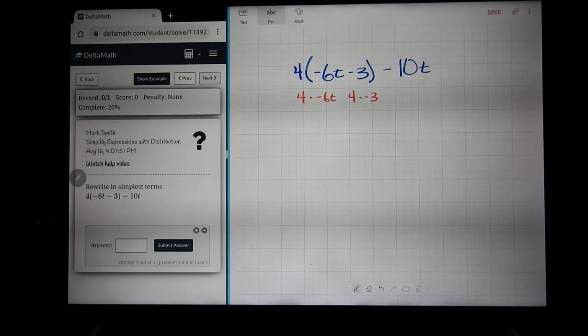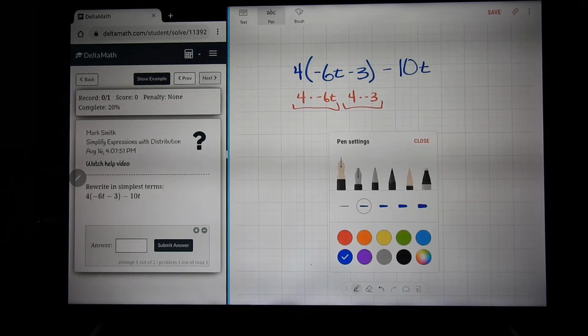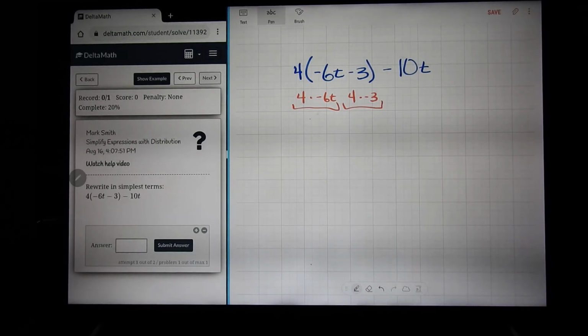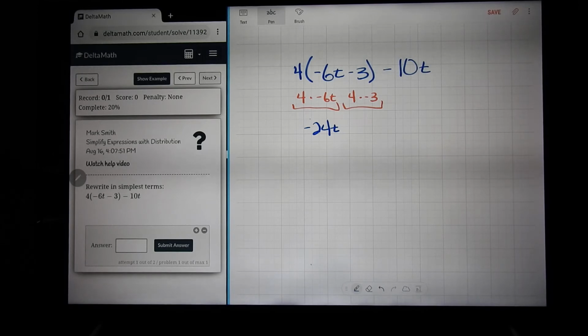We have to do these two multiplications. So 4 times 6 is 24, and it has a negative sign, negative 24t. And 4 times 3 is 12, and it has a negative sign, so negative 12. Nothing happened with our negative 10t over here.